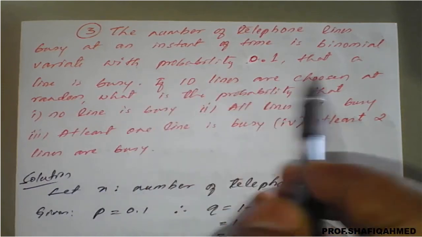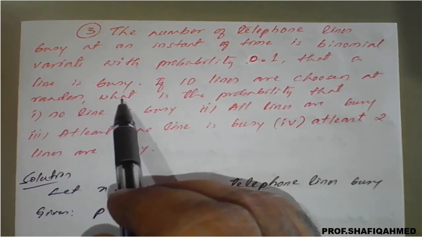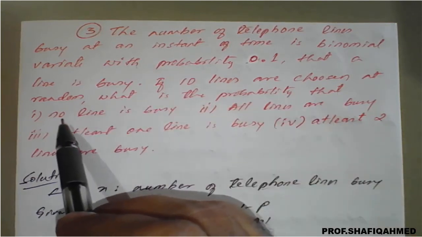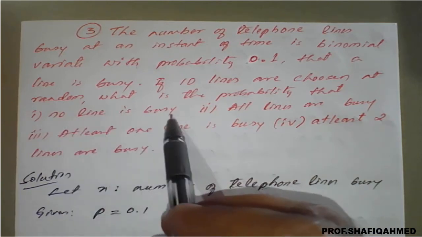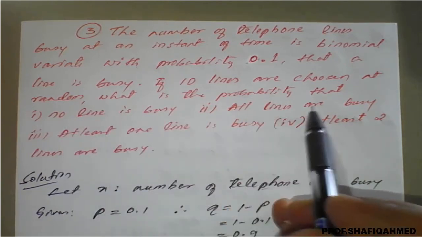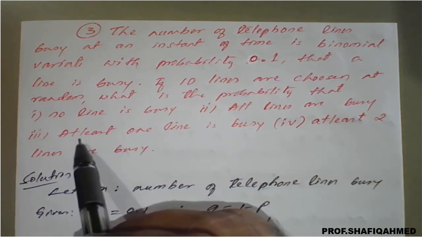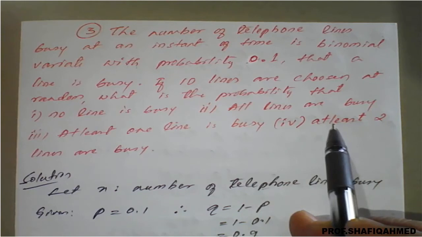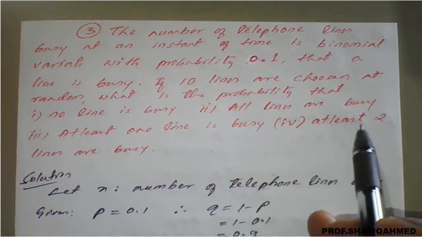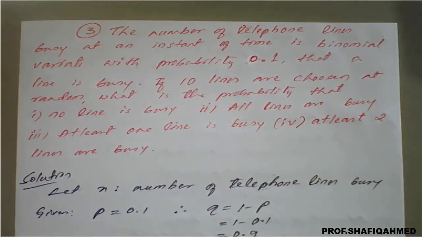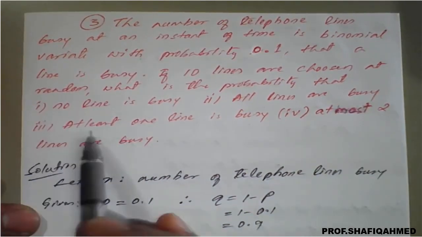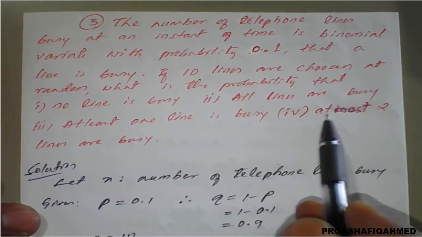If 10 lines are chosen at random, what is the probability that, first, no line is busy; second, all lines are busy; third, at least one line is busy; fourth, at most two lines are busy. A small correction in the fourth question: at most two lines are busy.